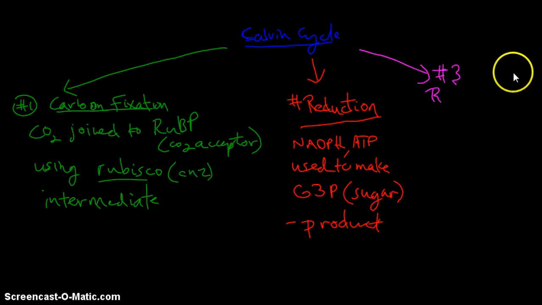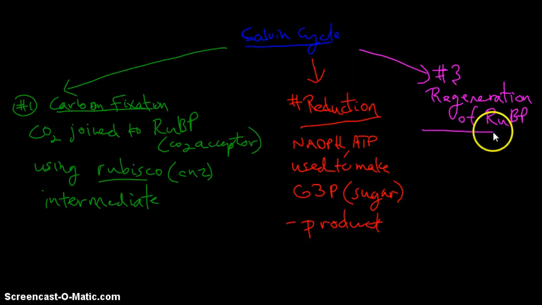Okay, the third set of events is the regeneration of that initial carbon dioxide acceptor, or the carbon acceptor, which was RUBP. So we're going to focus on the regeneration of RUBP.